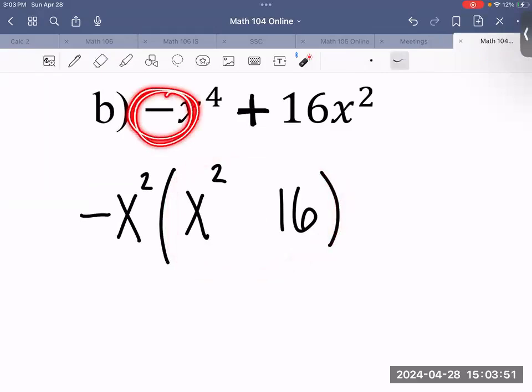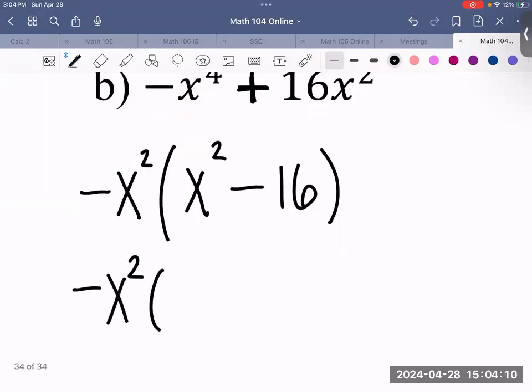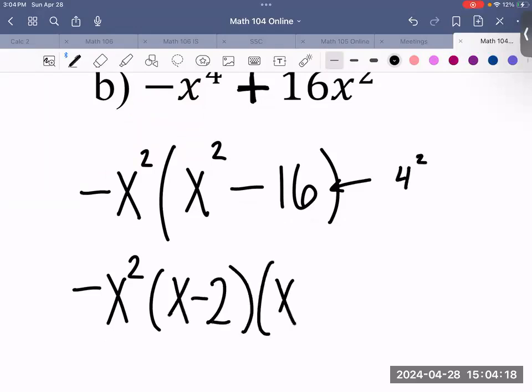We also still want to factor out this negative because it is harder to factor when your leading term is negative. So taking it out, changing your signs, we get, factoring out the second term, because this is now a difference of squares, this is x to the 4th, we can have x minus 2 and x plus 2.